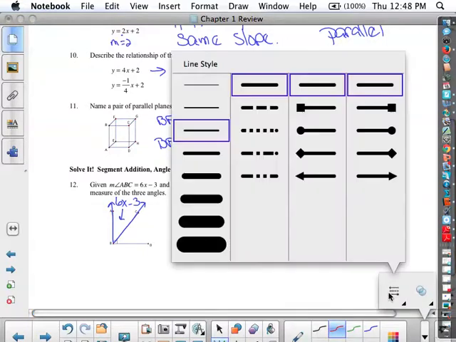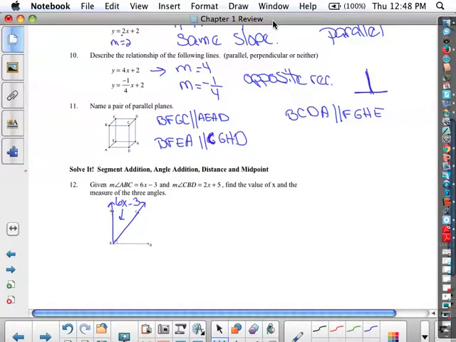And then angle CBD, this angle is 2x plus 5. If you notice in this little corner, there's a right angle. That means that that is 90 degrees. That's a right angle. So my equation would be 6x minus 3 plus 2x plus 5 equals 90.